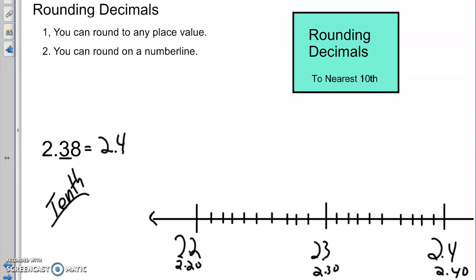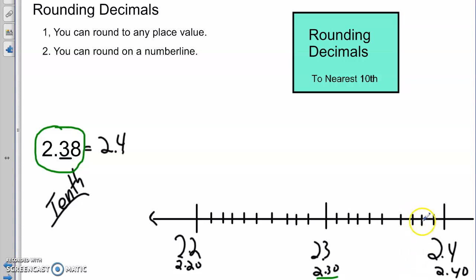You see that I put the other lines in there to show how I'm counting on the number line, and that's going to be key when you're rounding here. So where can we find 2 and 38 hundredths on this number line? We know that this is 2 and 3 tenths, or 2 and 30 hundredths, right there.